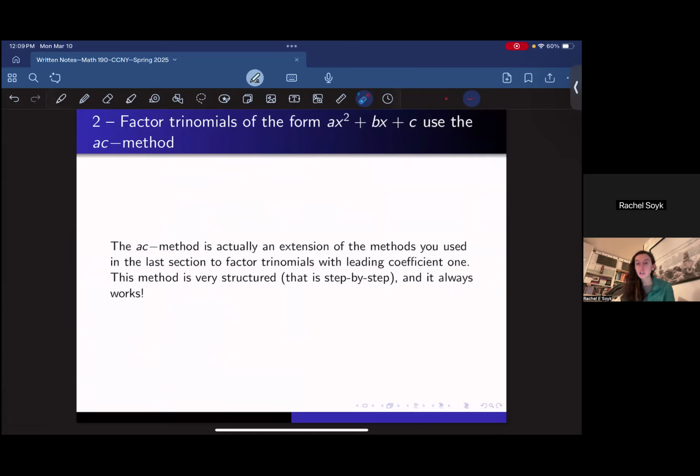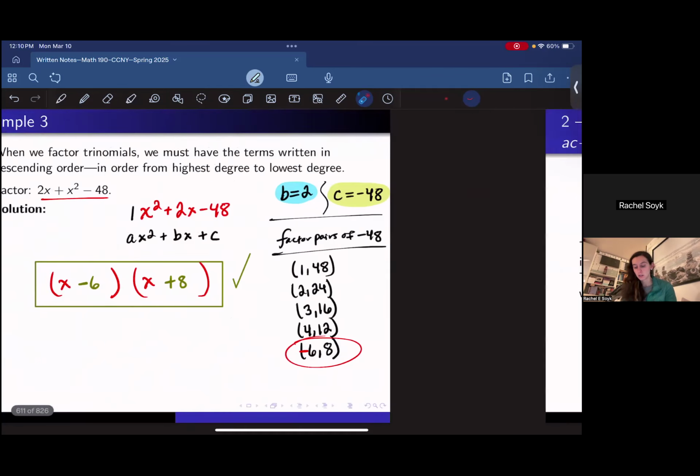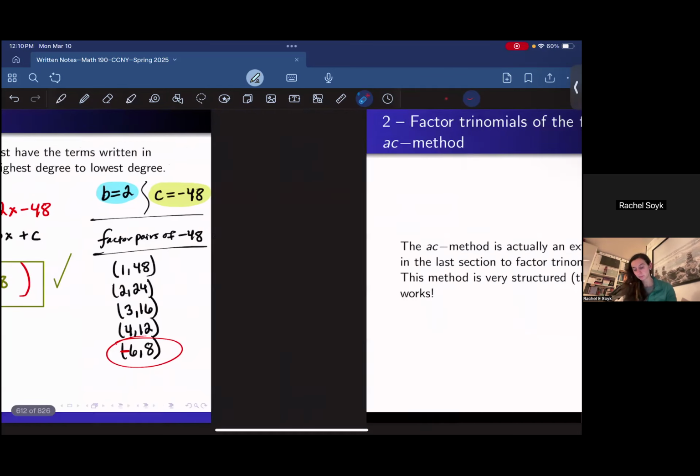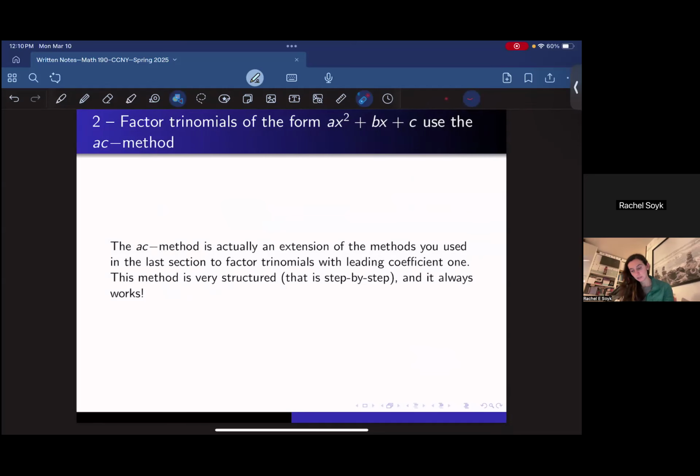And you can use the AC method for any traditional example, but I personally think it's a little bit more time consuming than if you were to just look at your C and B and then make that comparison. When I say a little bit more time consuming, it's just a little more structured, very much the way they described it in our notes.